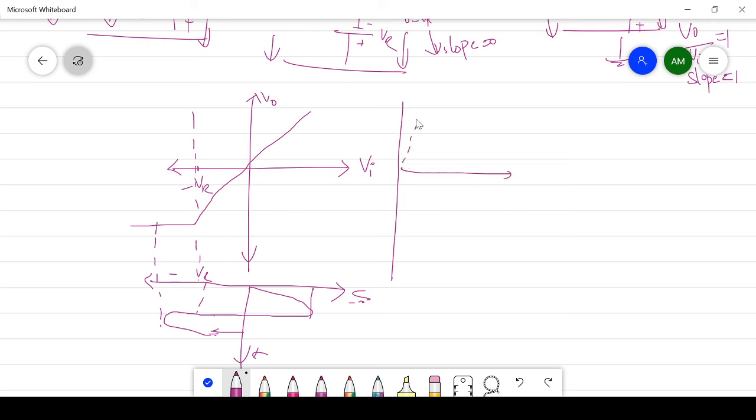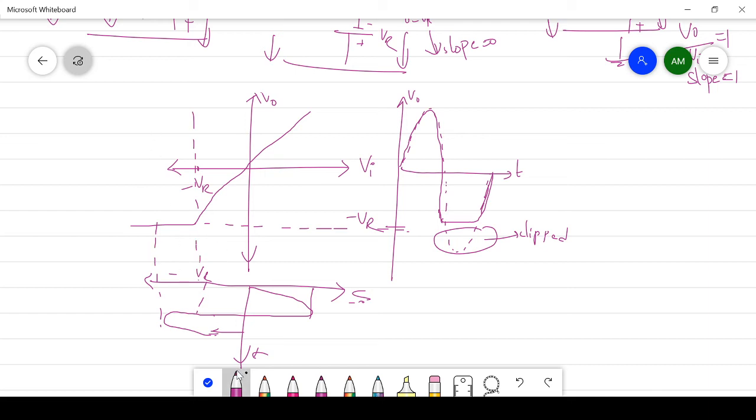This is the actual input signal, and this is the reference voltage minus Vr. In this case we get this type of output. Below the reference voltage, this is the clipped portion. So this is about the diode series clipper, series negative clipper with negative biasing.